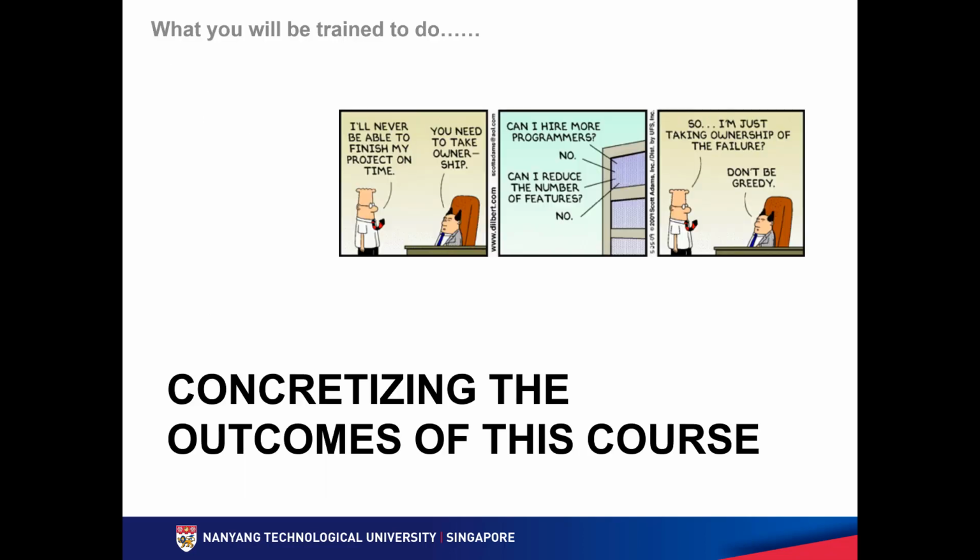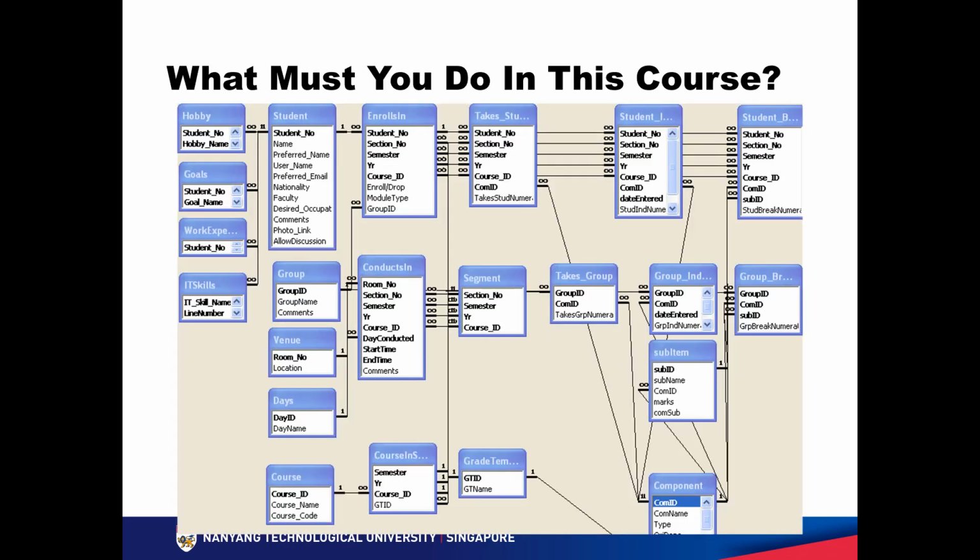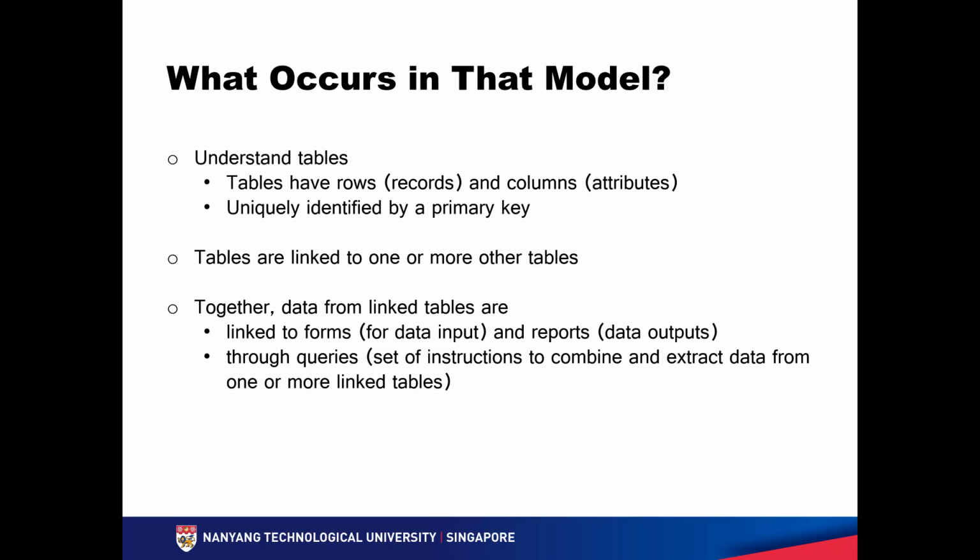All right, so let us look at the specific outcomes of this course that we expect you to acquire. Here you see a fairly complex diagram. Pretty much this is a design of a database. More concretely, this is the design of a relational database. We expect you at the end of this course to be able to understand the key components in relational database as well as non-relational database.